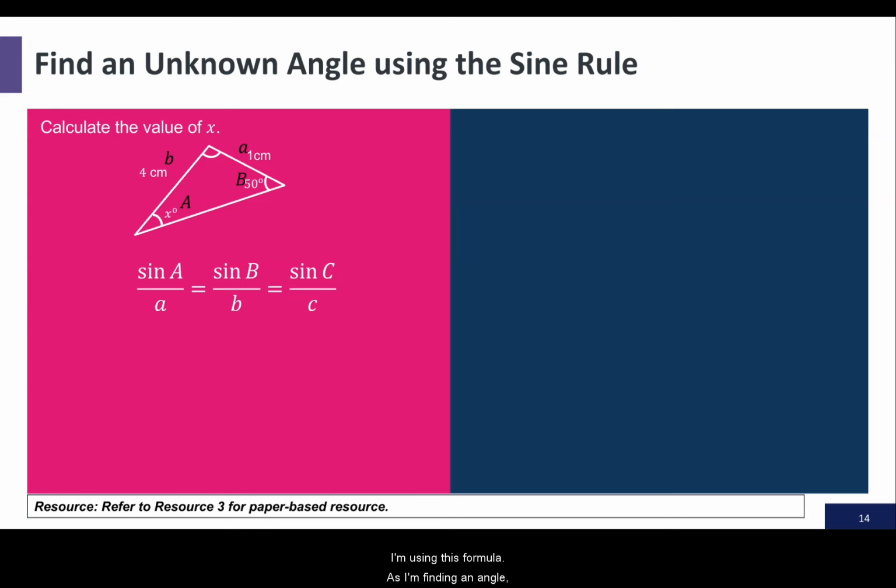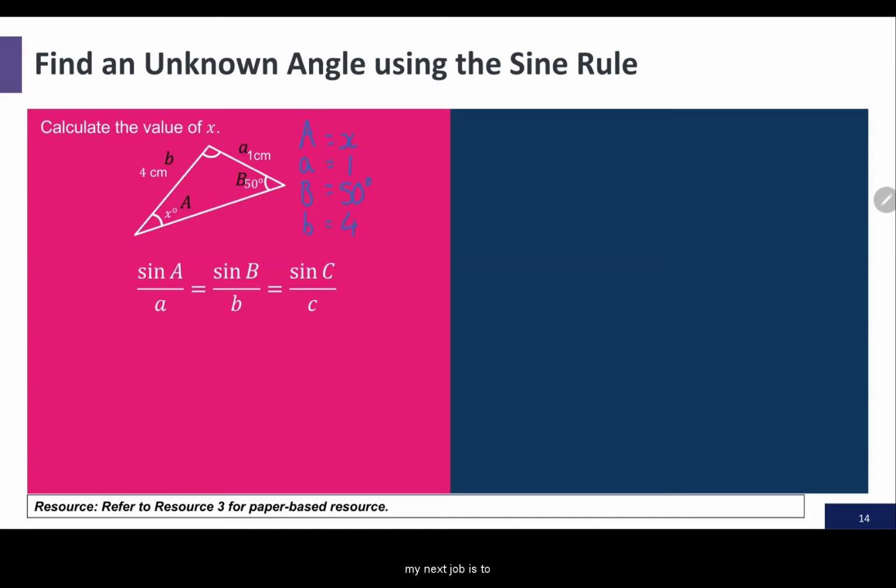I'm using this formula as I'm finding an angle. I'm noticing that capital A is equal to x, lowercase a is equal to 1, uppercase B is equal to 50 degrees, and lowercase b is equal to 4.